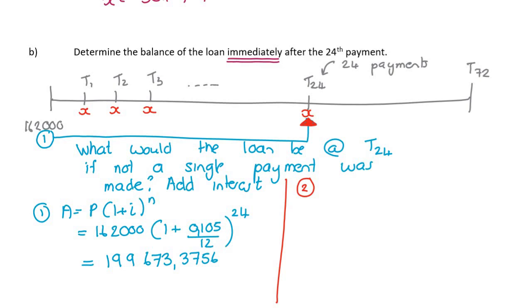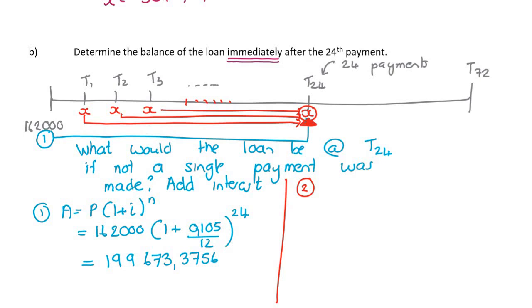Let me take the payments away from what I owed. So what we're going to do here is say, right, what is this payment worth at the end? And this payment worth at the end, and this payment worth there, and all these other X's that happen in between, and this last X. What are all of those 24 payments worth at time period 24?